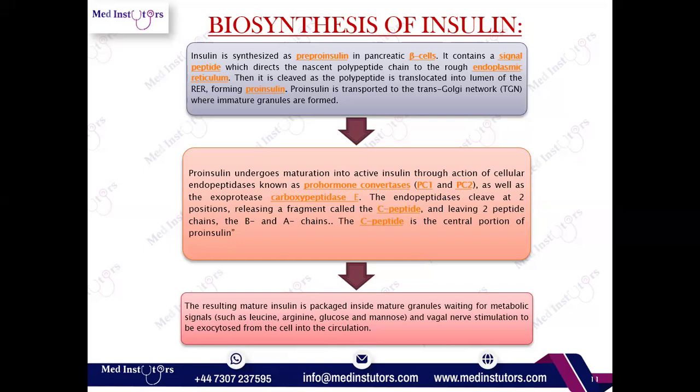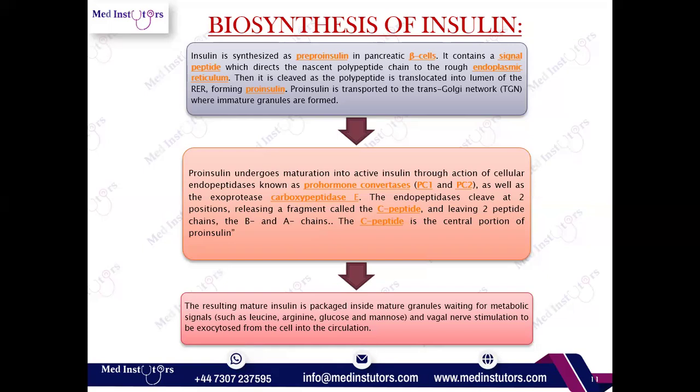After removal of the C peptide in the Golgi apparatus, the mature insulin is packaged inside granules, waiting for metabolic signals such as leucine, arginine, glucose, mannose, and vagal nerve stimulation to be exocytosed from the cell into the circulation.